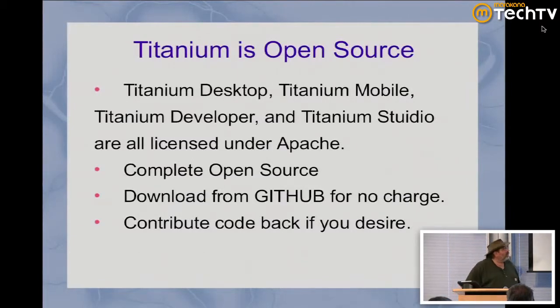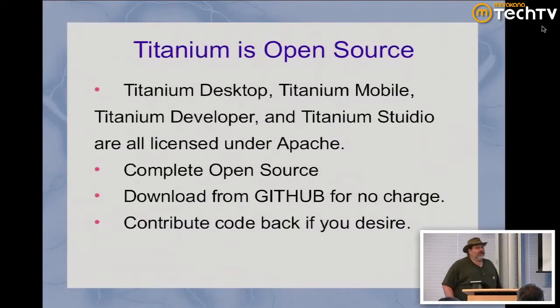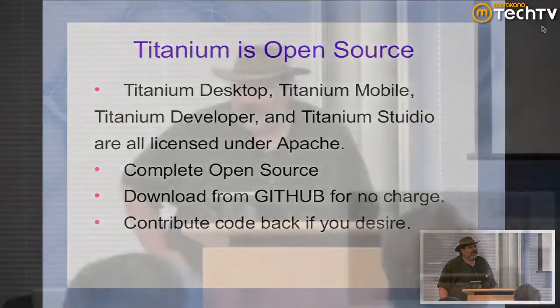Most of our stuff is licensed under Apache, and it varies for the products, but we do most of our licensing under Apache. You can download from GitHub. If you use GitHub, you can go get most of the code. All of the studios and developers out there, Titanium Desktop, Titanium Mobile, everything is available out there as open source, and you can go clone it.